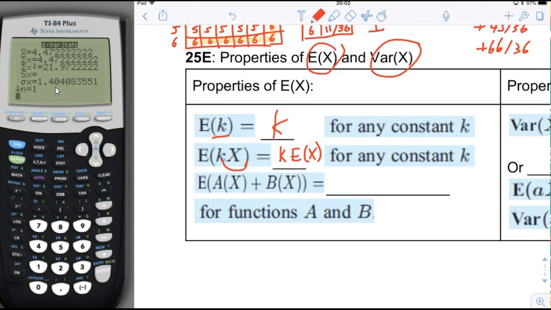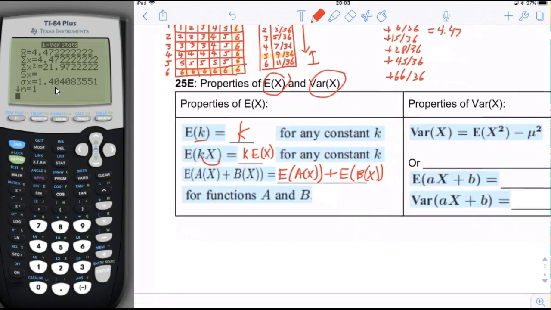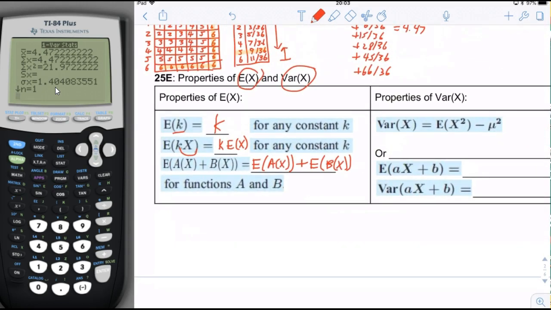The expected value for A plus B is the expected value of A plus the expected value for B. Okay, for functions A and B.